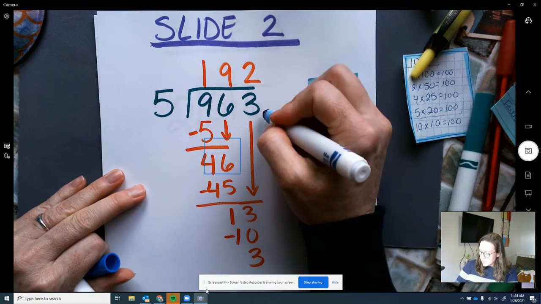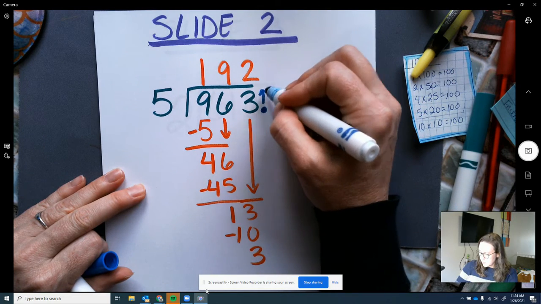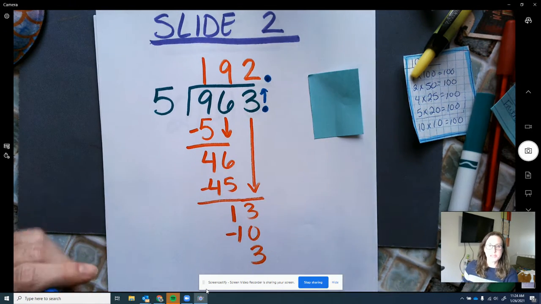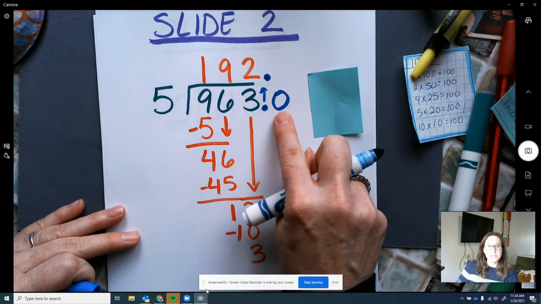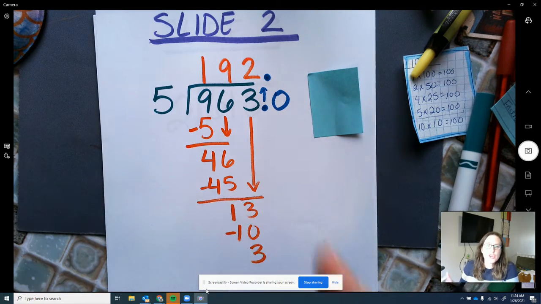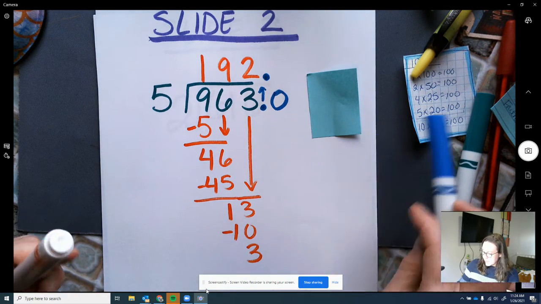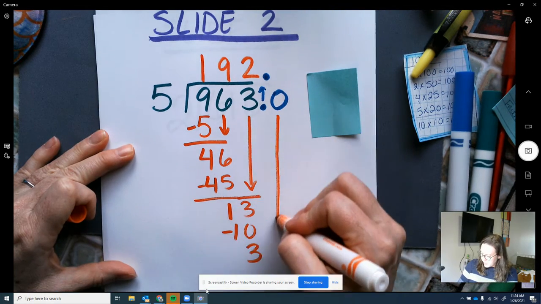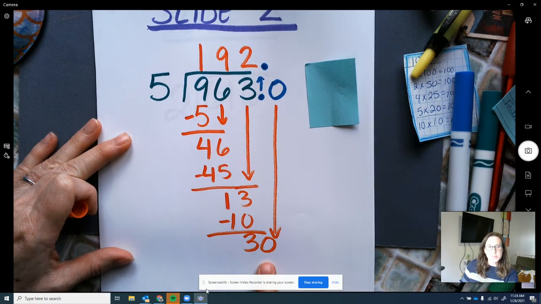What we're going to do is actually put a decimal point in and shoot that decimal point straight up into the quotient. And because of that, we can then have a 0, because we have no tenths. So we're going to just keep it as no tenths. But now we can take that no tenths and bring it down into our next piece here.